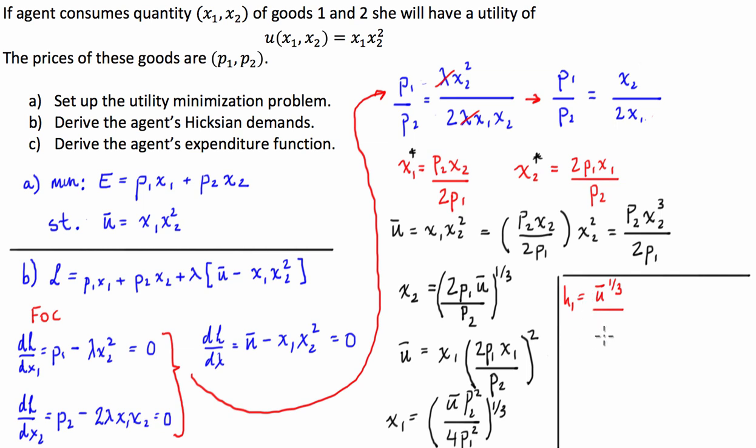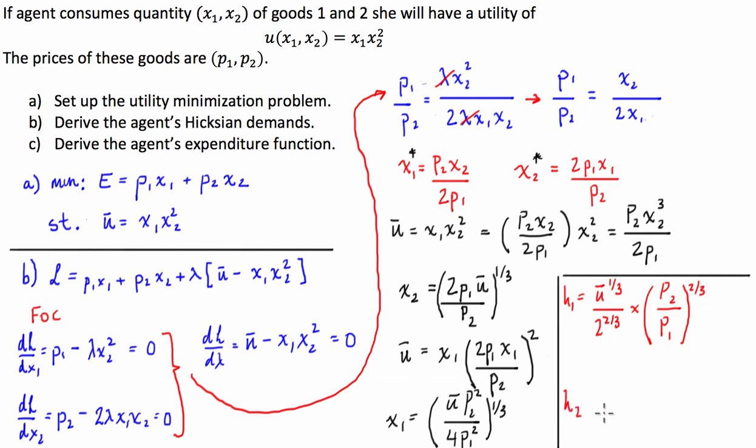But 4 to the power of 1/3 is the same as 2 to the power of 2/3. And that we are multiplying by, in x1, p2 over p1 to the power of 2/3. So I've just simplified this one here a little bit, guys.